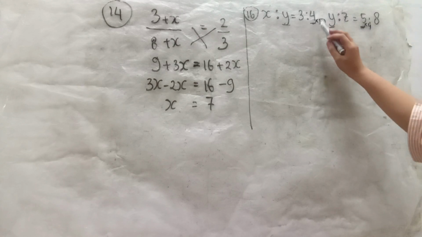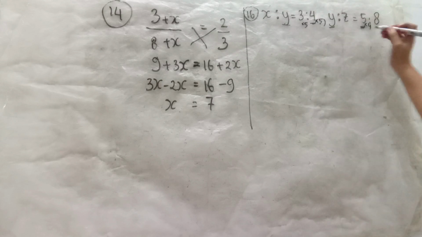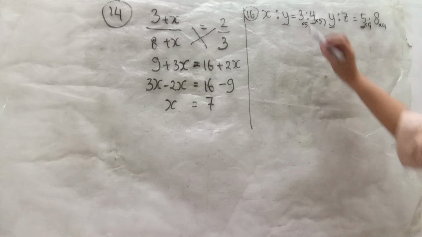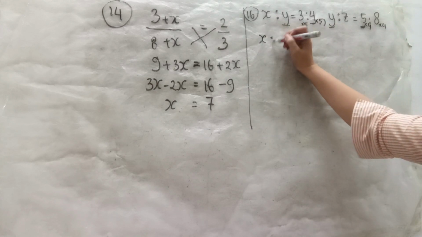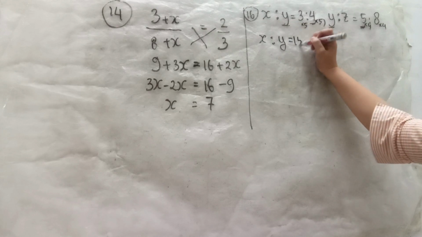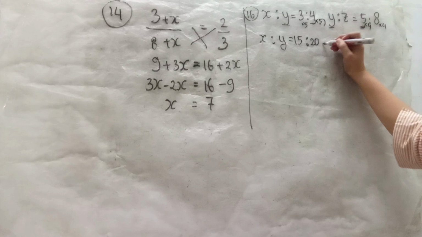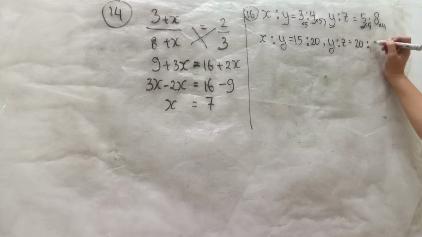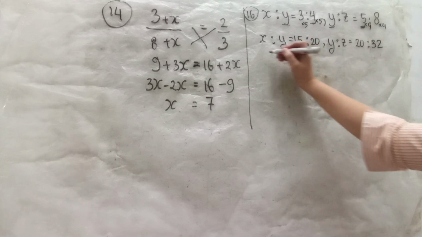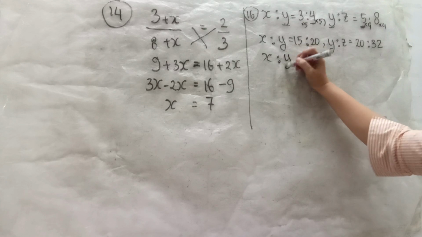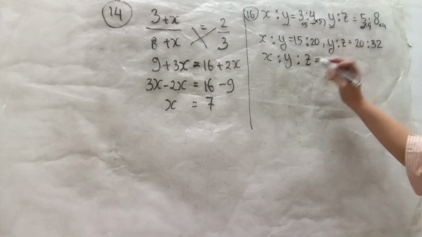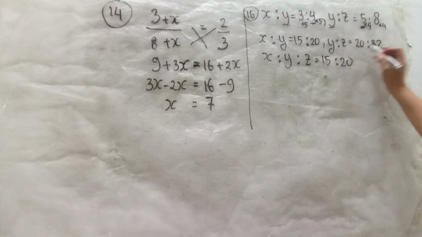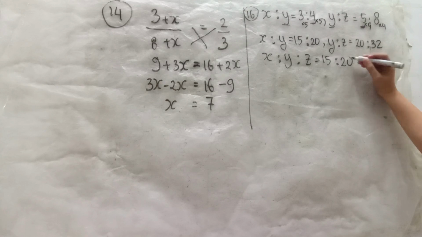If you times this by 5, this also must be timesed by 5. If here times by 4, here must be times 4. So x to y will become 15 to 20, and y to z will become 20 to 32. So here you know x, y, and z: 15 to 20 to 32.